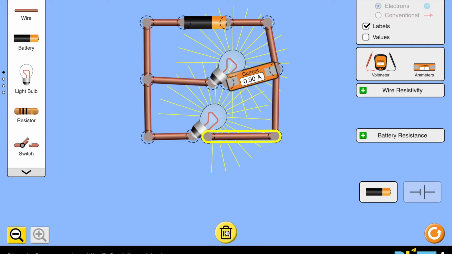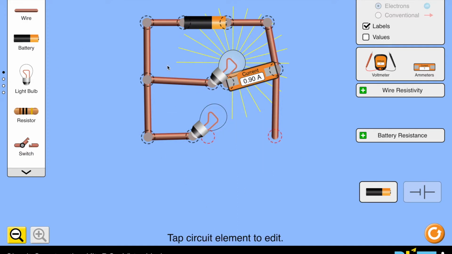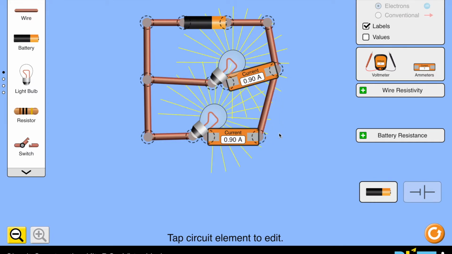Now let's do it for this path. We get the same, 0.9 amps. 0.9 plus 0.9 is 1.8. So the total intensity of this circuit is 1.8 amps.